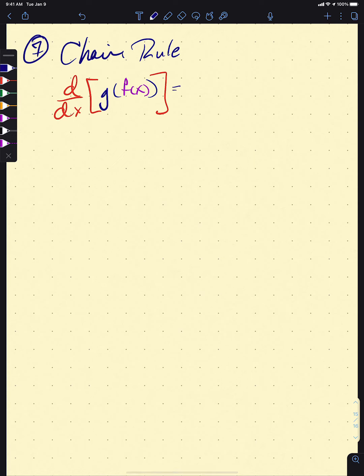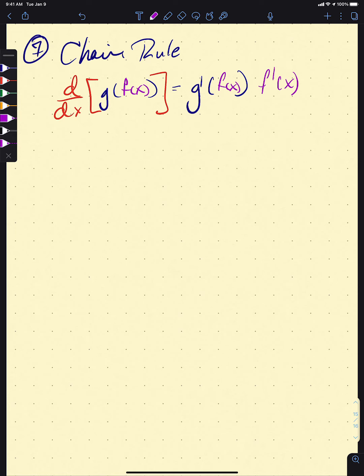Okay, that gives us g prime of f of x. So you take the derivative of the outside with the inside staying the same, and then you multiply by f prime of x.